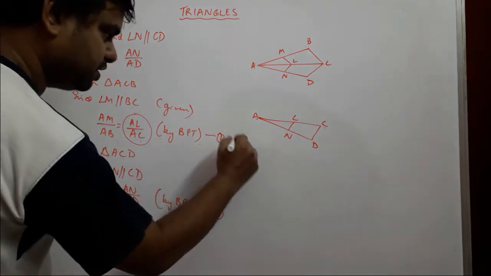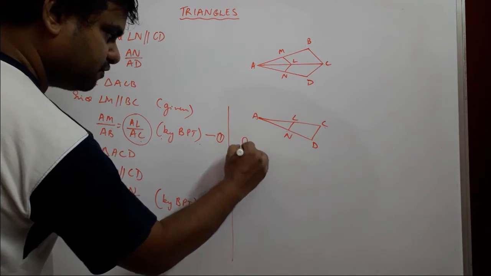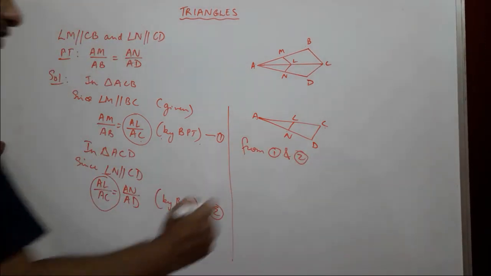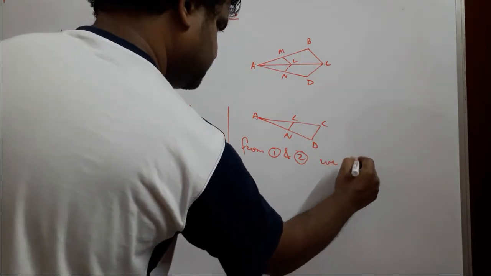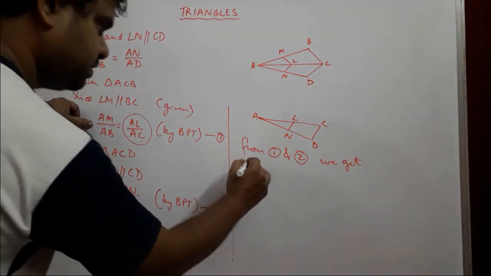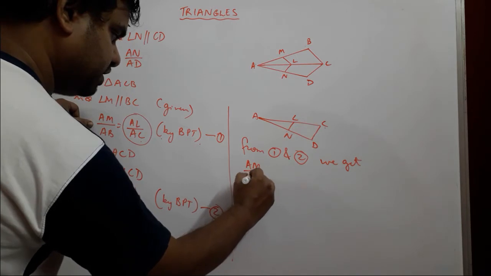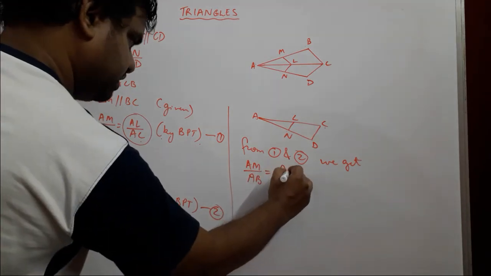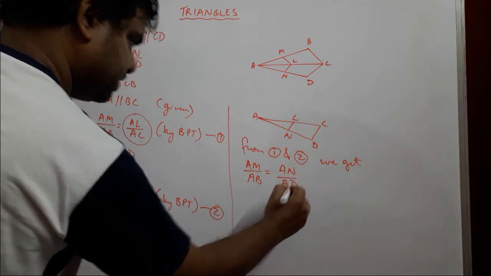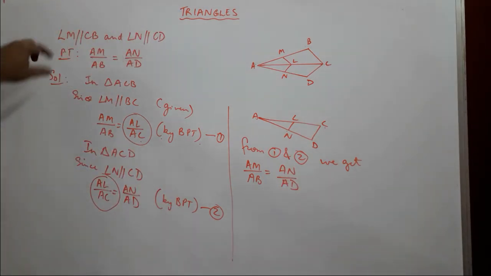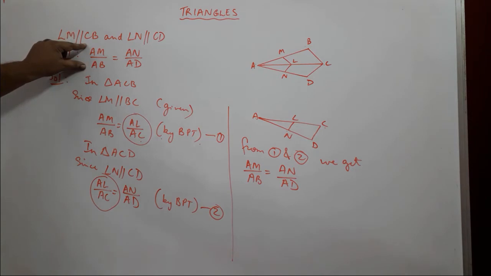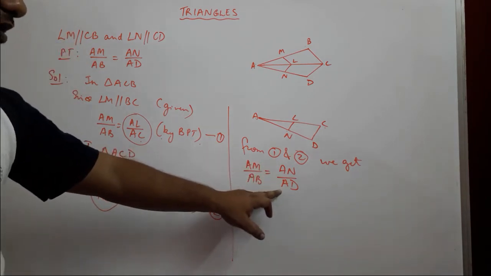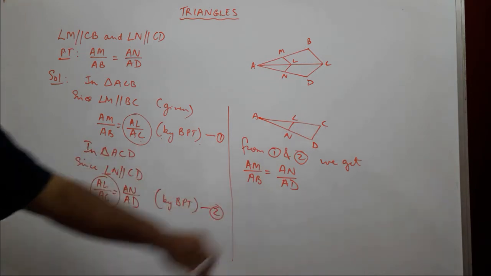So I put a line, from 1 and 2 we get AM upon AB equal to AN upon AD. That's what we needed to prove. So AM upon AB is equal to AN upon AD.